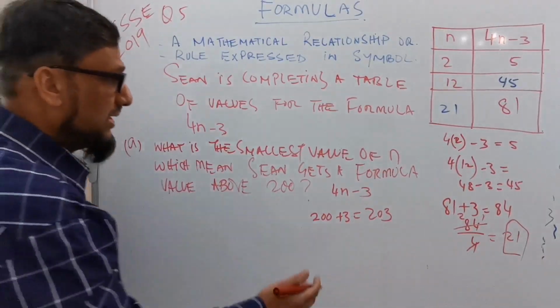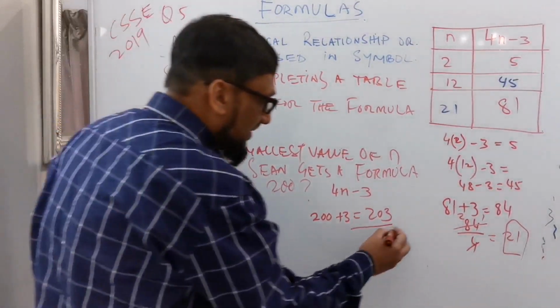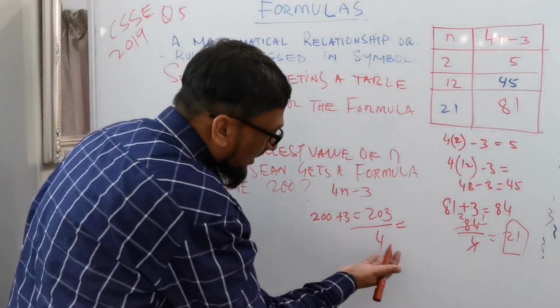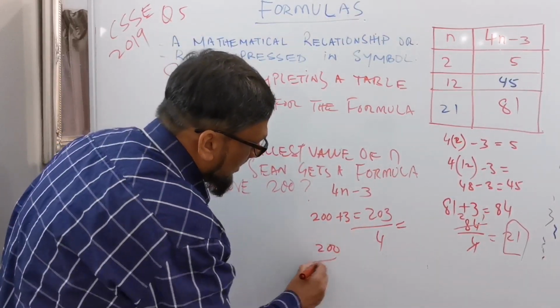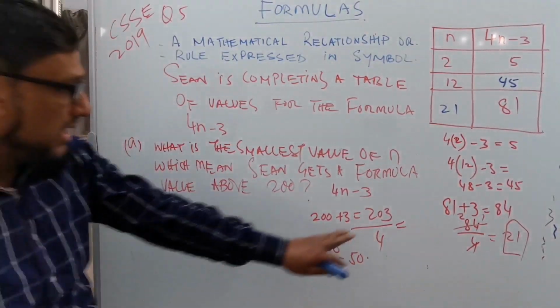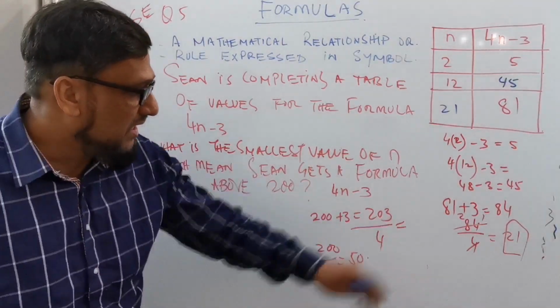And if I divide by 4, it comes out as a decimal. 200 divided by 4 is 50, but here it comes to 50 point something.